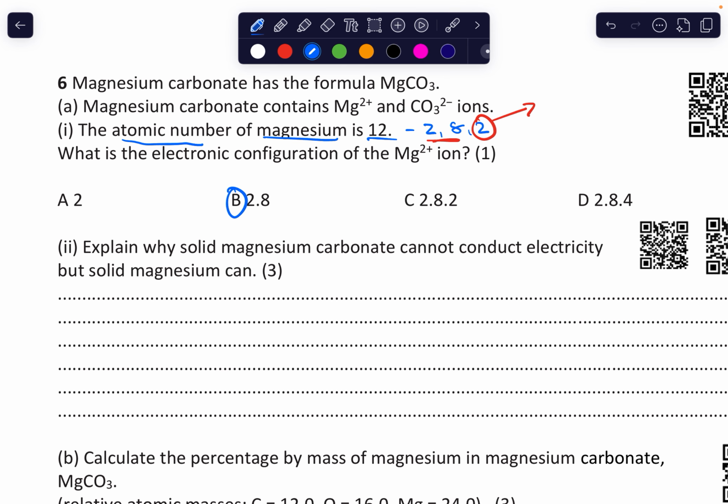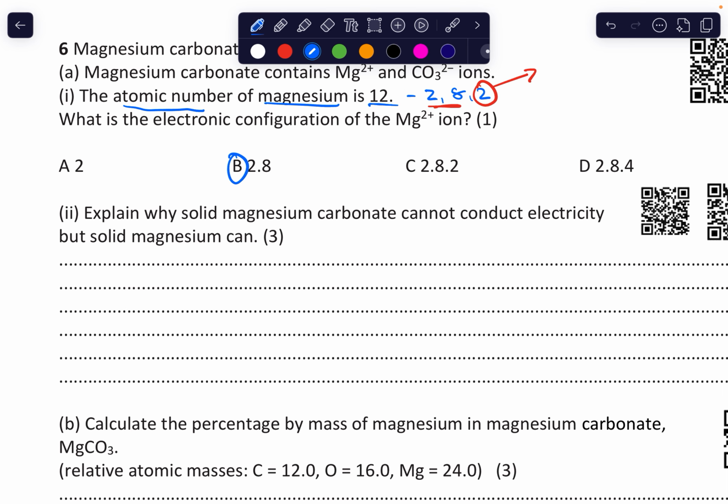Explain why solid magnesium carbonate cannot conduct electricity, but magnesium can. Okay, so let's break this question into two parts. Here we've got magnesium carbonate.